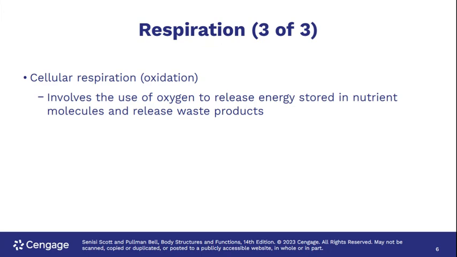I always thought of it like when you burn food, there's nothing left of it. It's all waste product, and all of the water is gone. That's how I think of it. So oxygen is used to release energy in that cell, and there are waste products left over, and those are taken away by the blood.